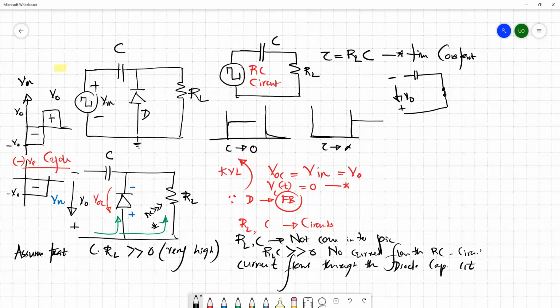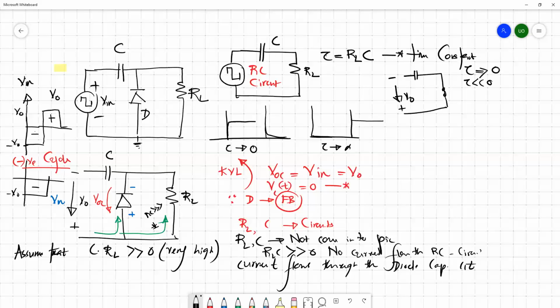Here we can claim that tau for this particular case is almost zero because we have a zero resistive part and a certain amount of capacitance. So the time constant would be pretty much low compared to the product of RL and C. So this is very small, and once you apply an external voltage across the capacitor, it immediately charges to maximum.